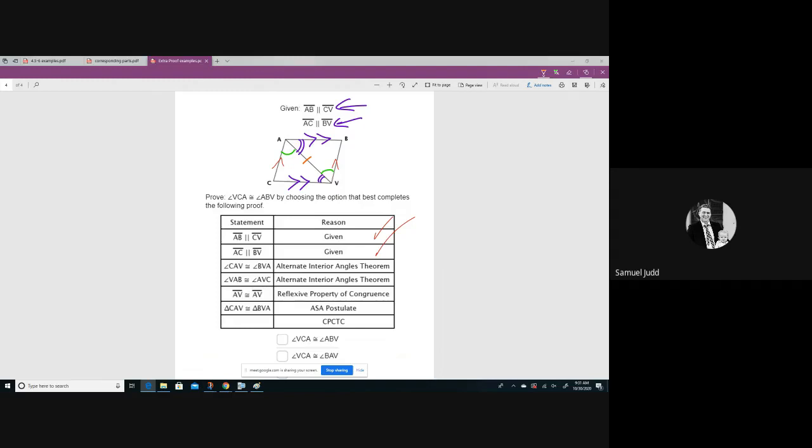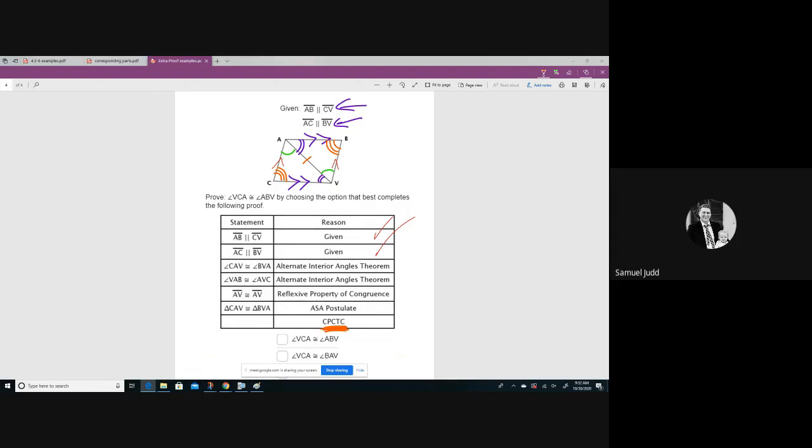Let's see, VAC is right here, and ABV is right here. Now, those are corresponding parts, so we can use the corresponding parts of congruent triangles are congruent, which is what we've written right here, just using CPCTC.